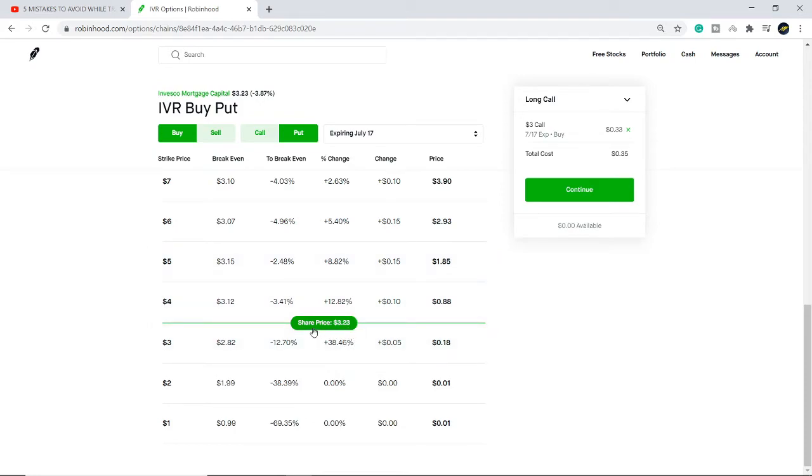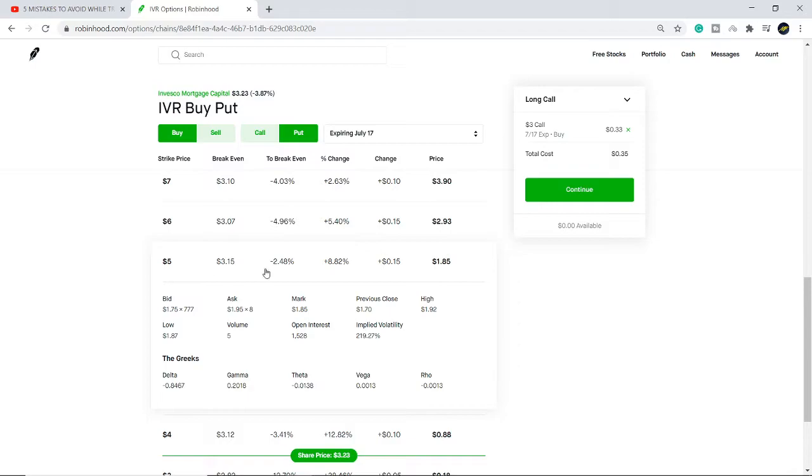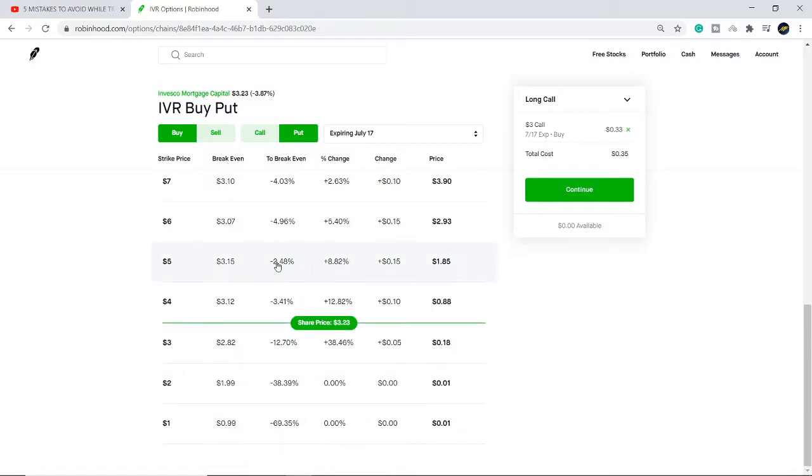Is it 324? 323, my bad. So you're paying $185 for a put contract of 100 shares. This needs to move down 2.48%, so 2% essentially, or 2.63, whatever, down in order for you to collect, make profit off of this.